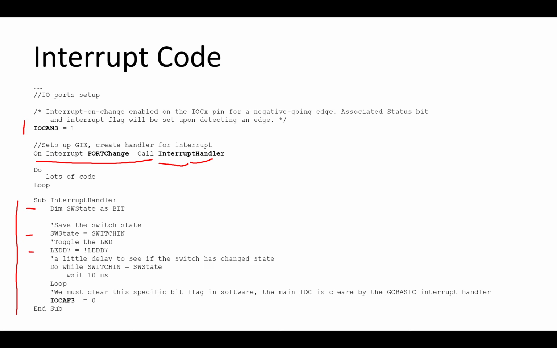I'm going to toggle the LED, wait until the switch state has changed, and then I have to set this specific flag to say that I am clearing the IOC A3 flag, and it's called IOCAF3, which is the flag for port A3. And there'll be others, there'll be many others, and we can look at that if we have time. But the rest of it is all cleared by GCBASIC. Everything else is handled automatically.